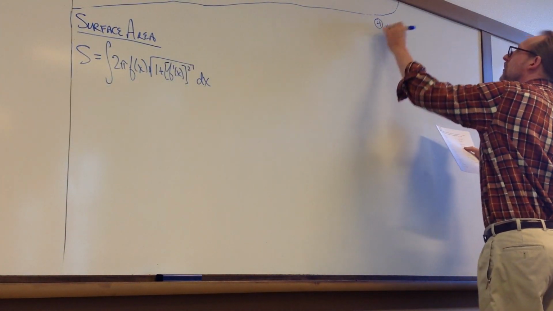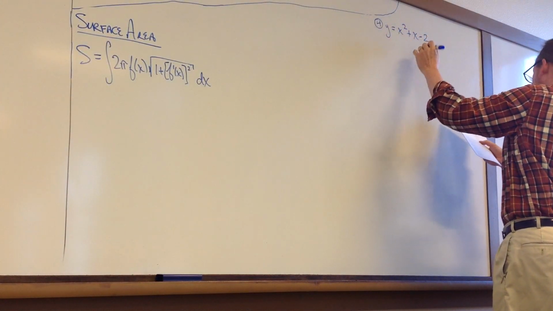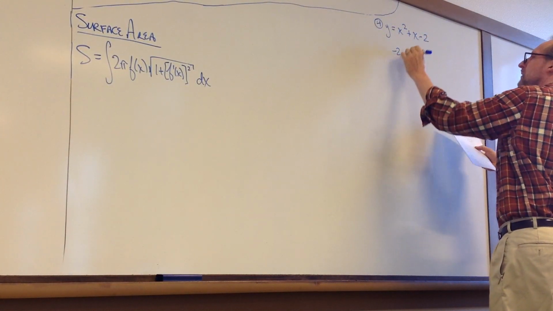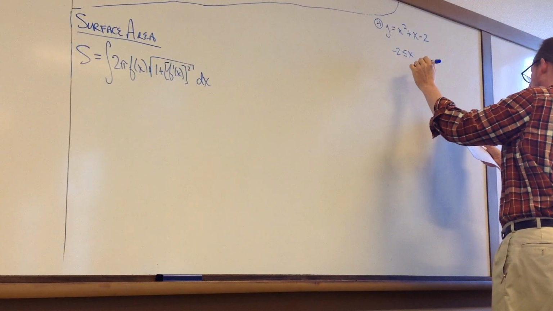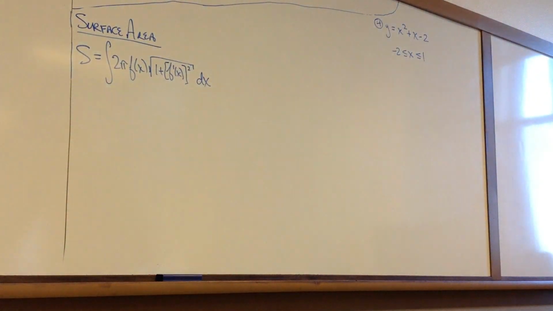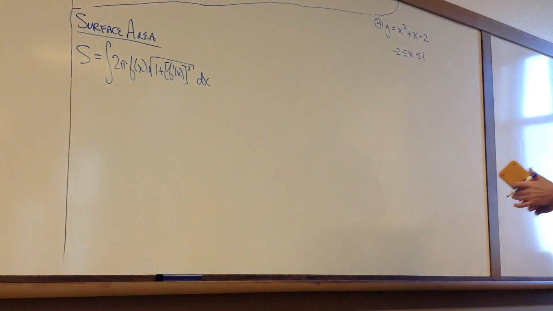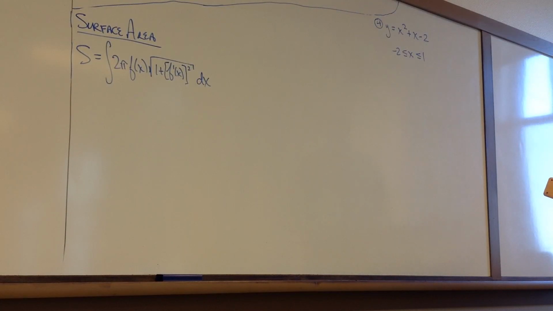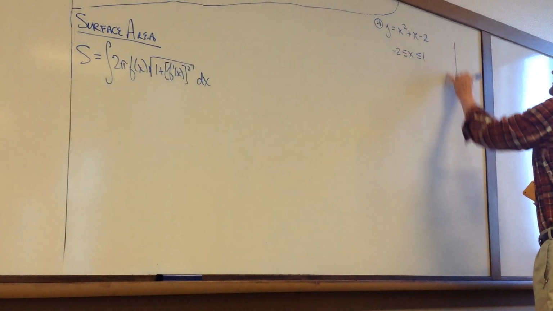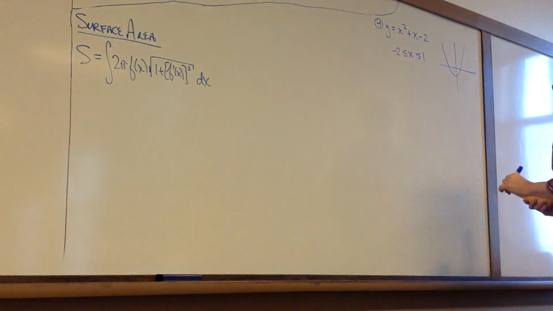This is y equals x squared plus x minus 2, and we're looking at the region for x greater than -2 but less than 1. That's going to have roots at, I believe, -2 and +1, so something like this.